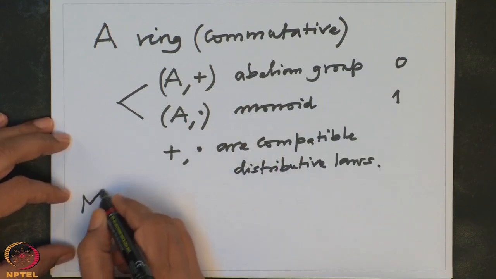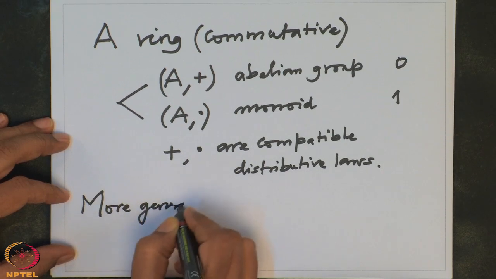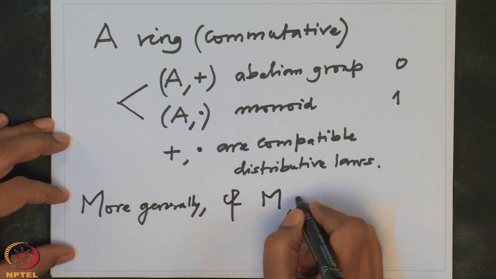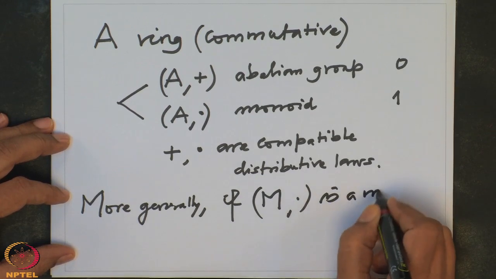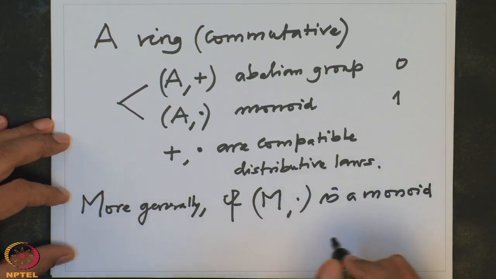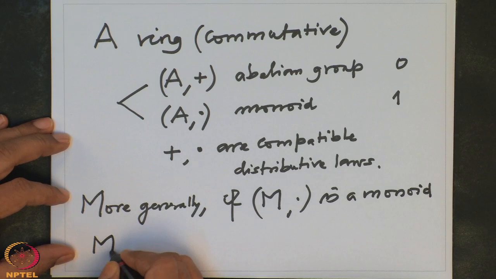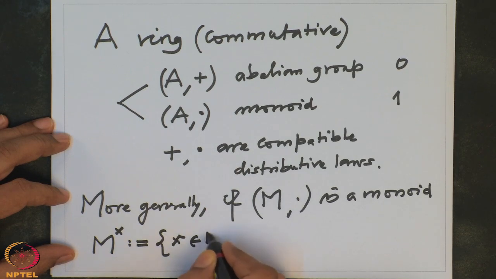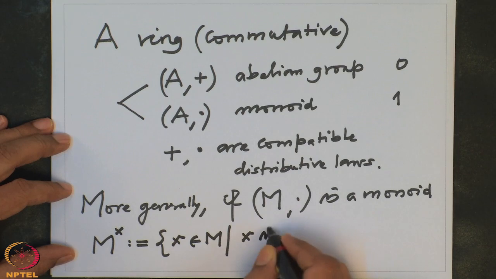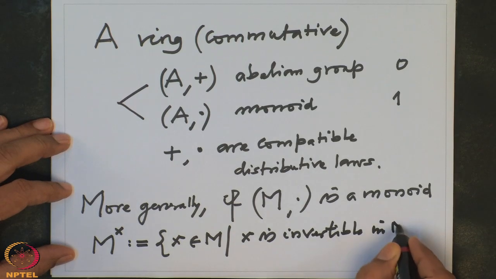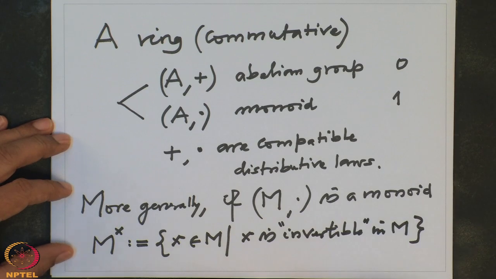So more generally, if M dot is a monoid, monoid means an associative binary operation with a neutral element with respect to that binary operation, then I will denote by M cross, M upper cross, by definition, all elements x of M such that x is invertible in M. What does invertible mean?